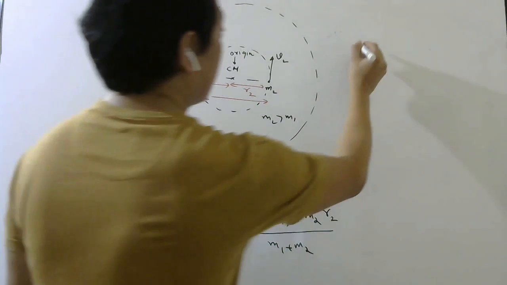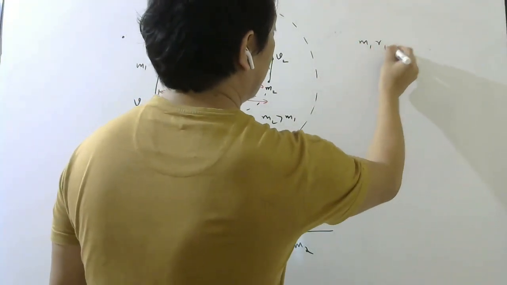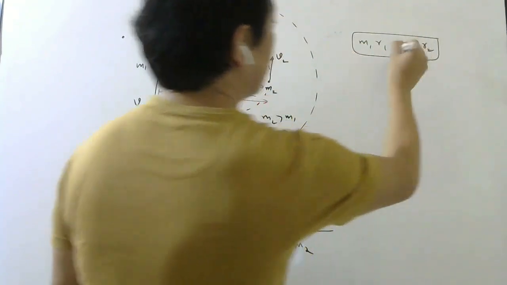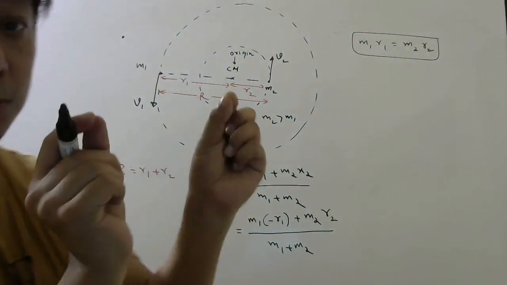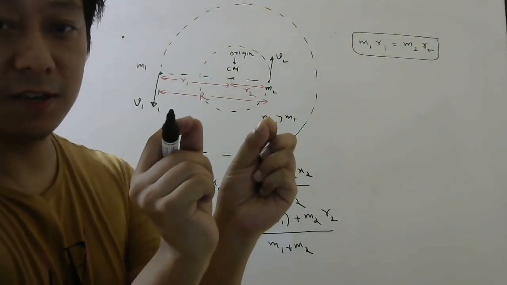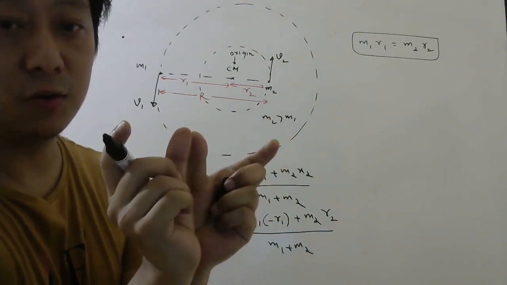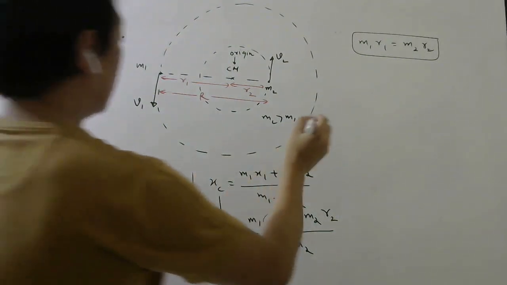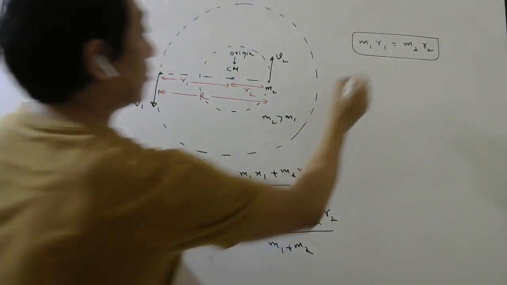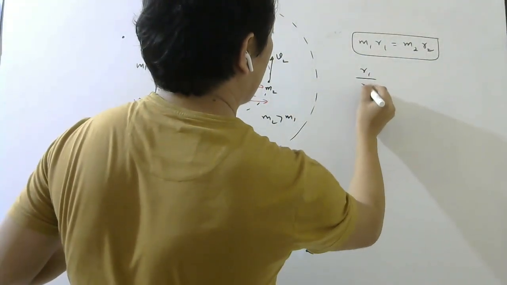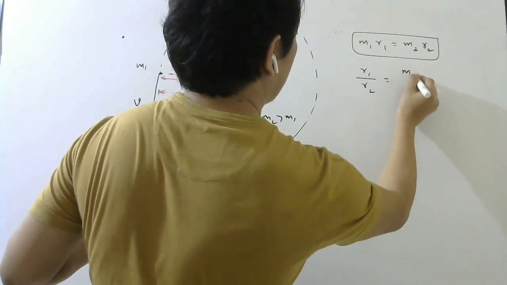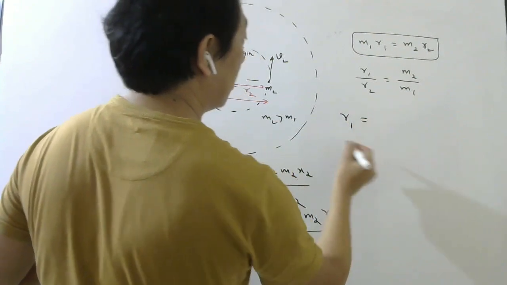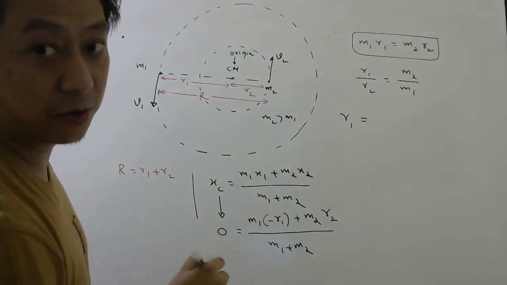So from here you have understood one very important fact: m1 R1 equals m2 R2. This is true for any two particles which have a center of mass somewhere, where R1 and R2 are the distances of the particles from the center of mass. Now in terms of this capital R, you can see from here R1 by R2 is m2 by m1. The ratio formula I have told many times.